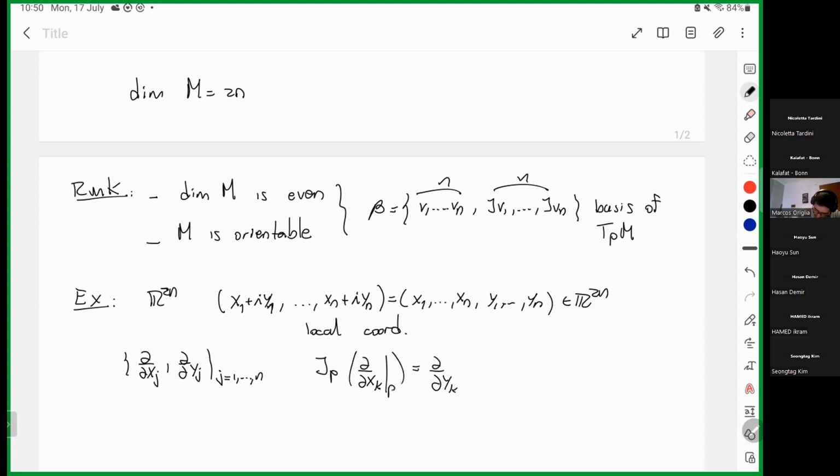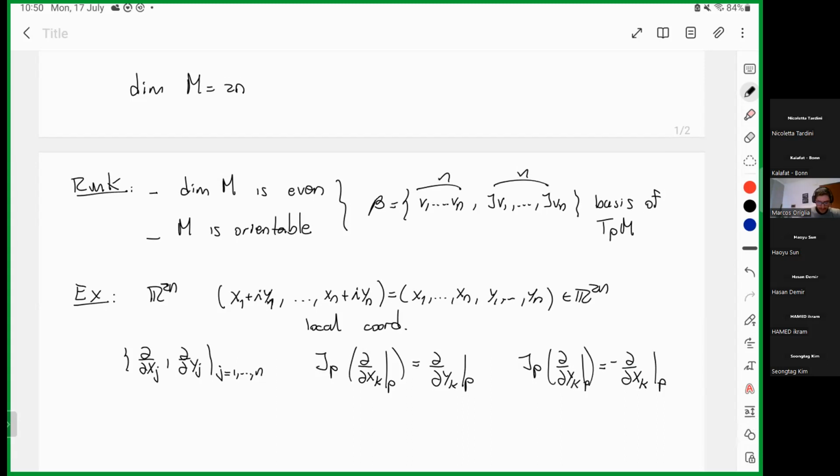This is for any point, right? And since it has to satisfy that the square is minus the identity, the definition on the other one is just minus ∂x_k. Okay, right? So this will be our canonical example of this.